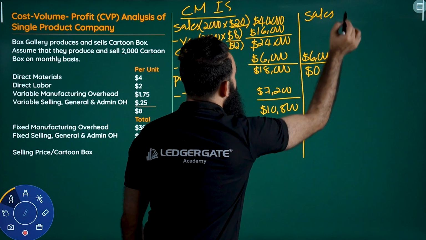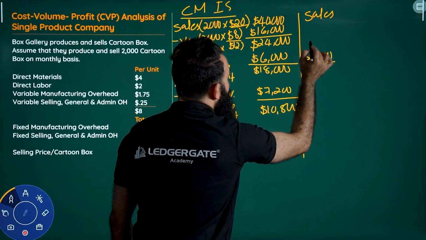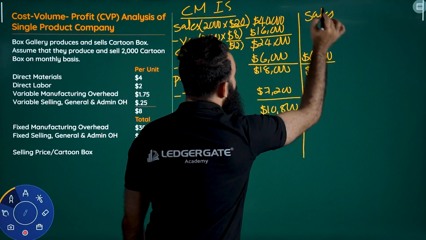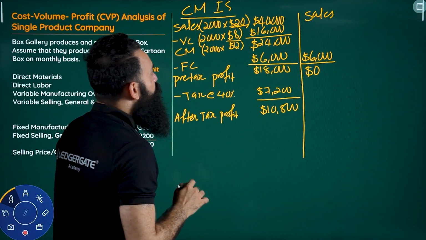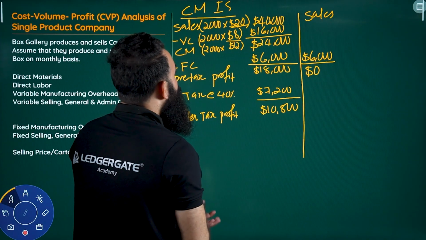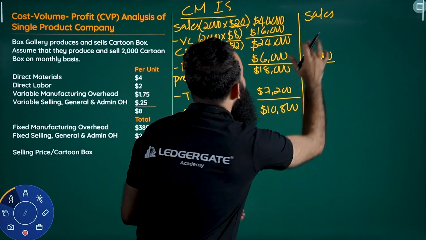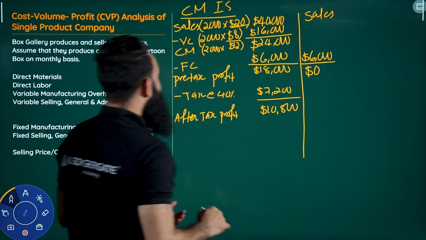That will be certain percentage of this. And here contribution margin will come. That will be certain percentage of sales. So if you analyze that particular relationship, we will easily calculate the break-even sales value.